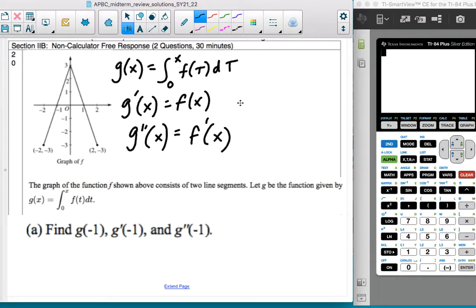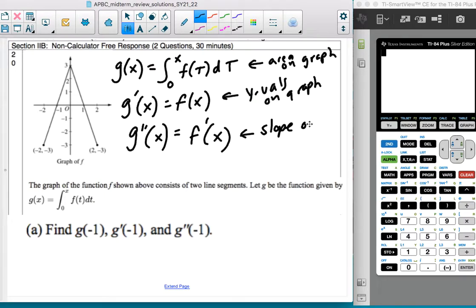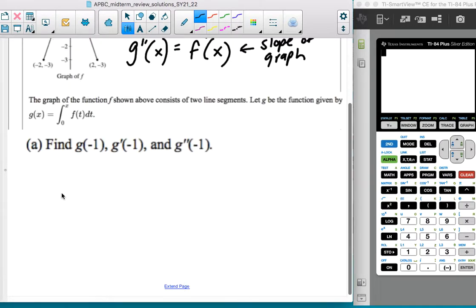So it's worth noting that these are the y values on the graph. This is the area on the graph, right? So if we find the area, and this is the slope of the given graph, the slope of the graph that I was given. So kind of worth noting. So let's go ahead and find all three of those things.